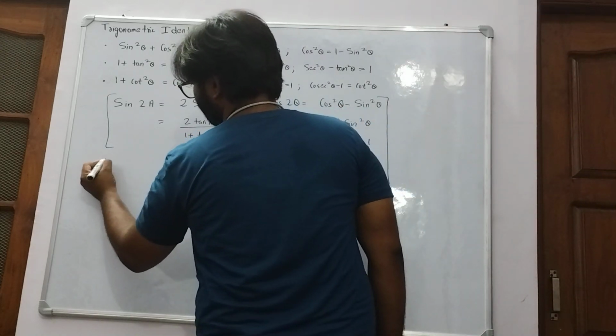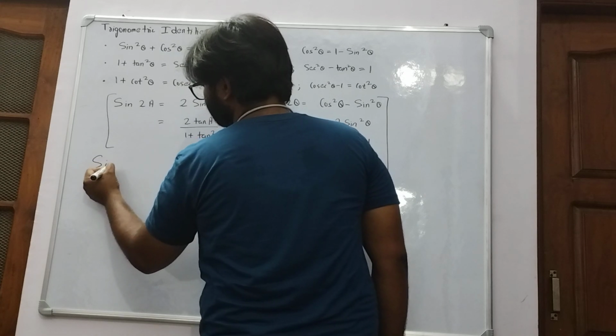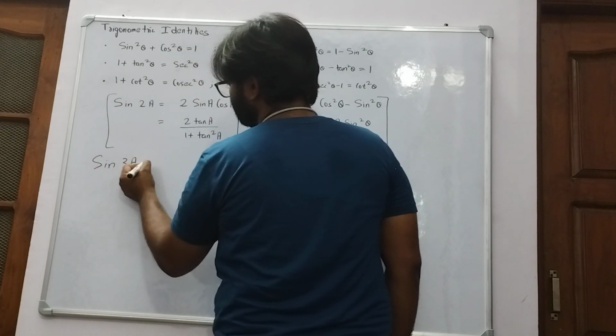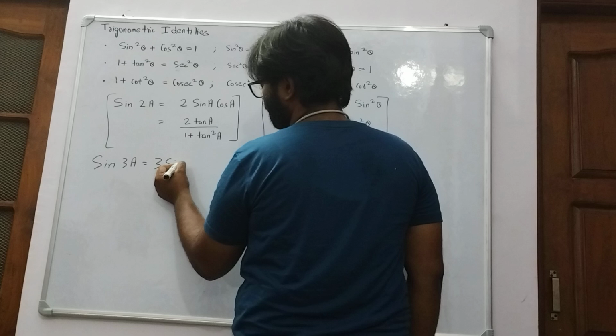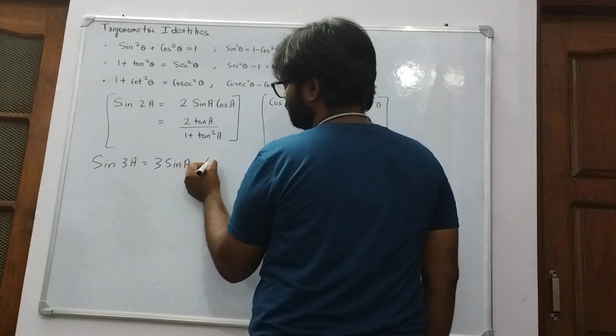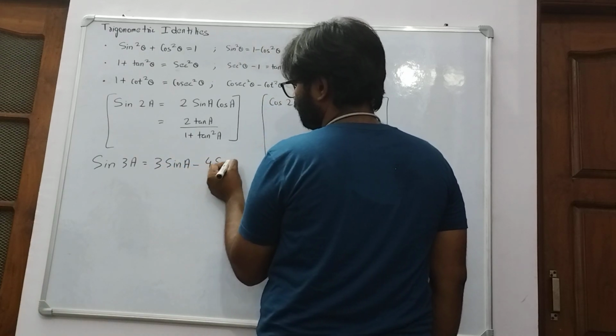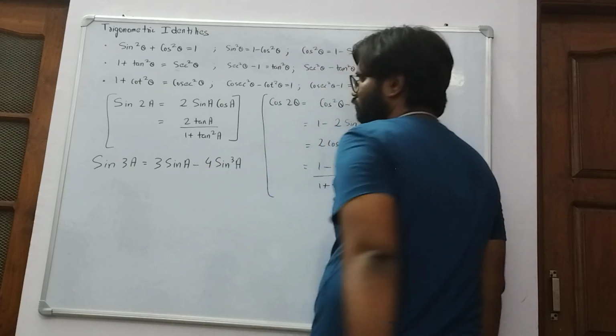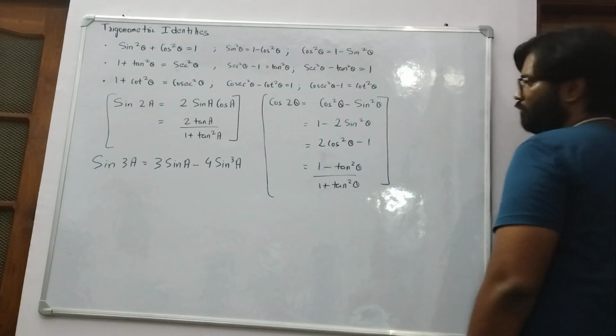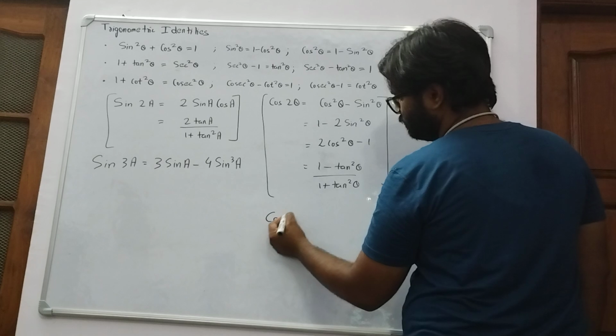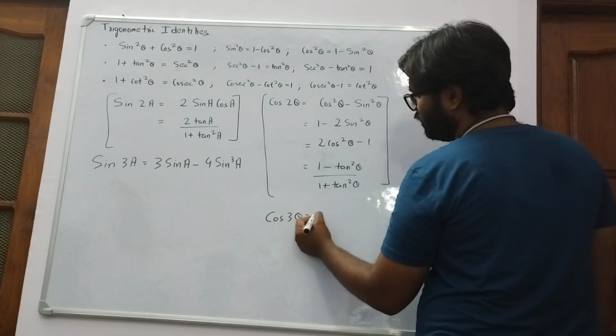Now what is the formula for sin 3 theta or sin 3A? It is 3 sin A minus 4 sin cube A. What is the formula for cos 3A or cos 3 theta?